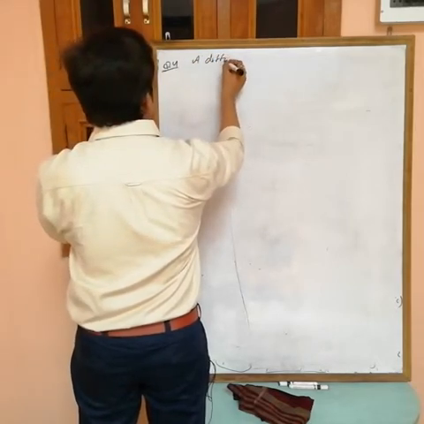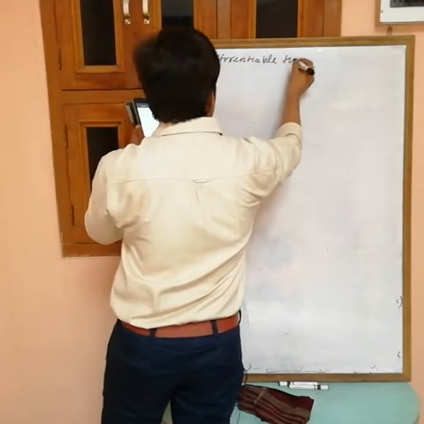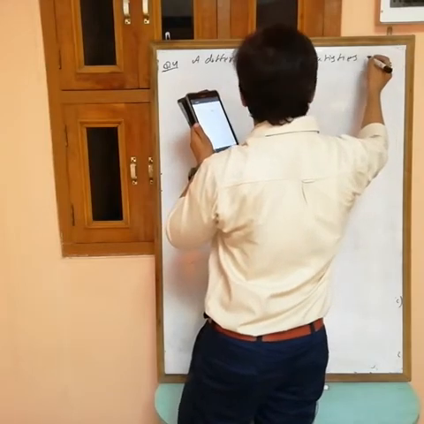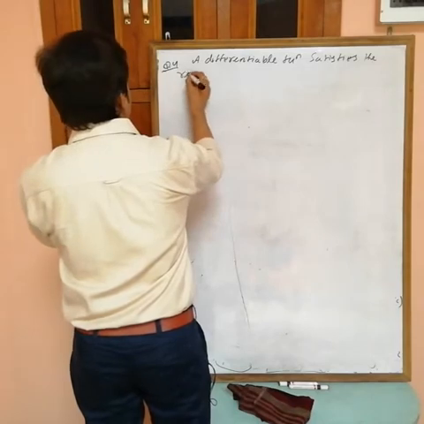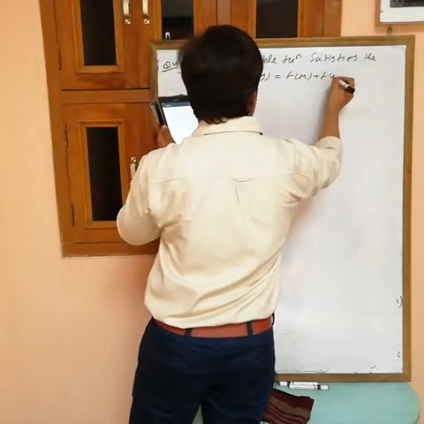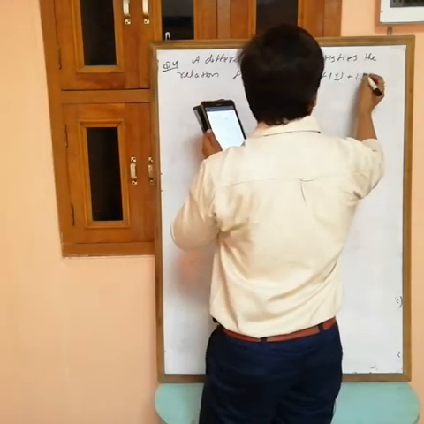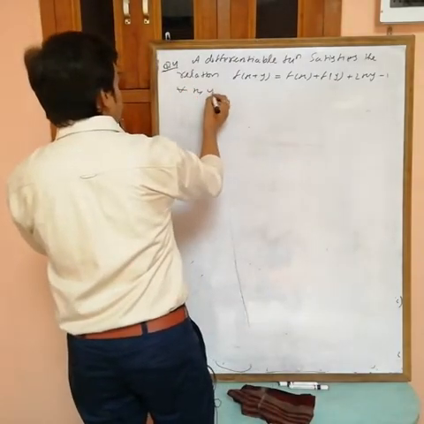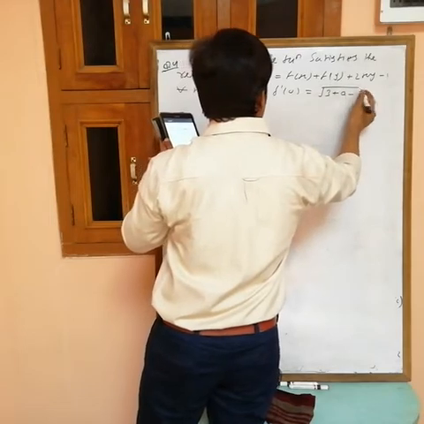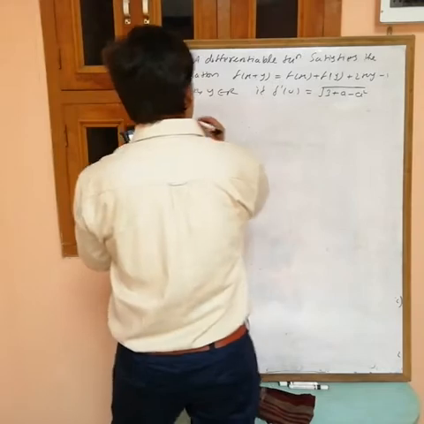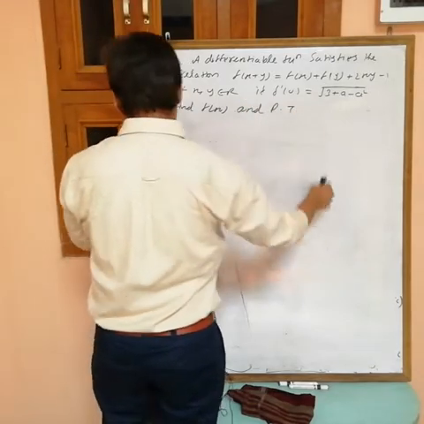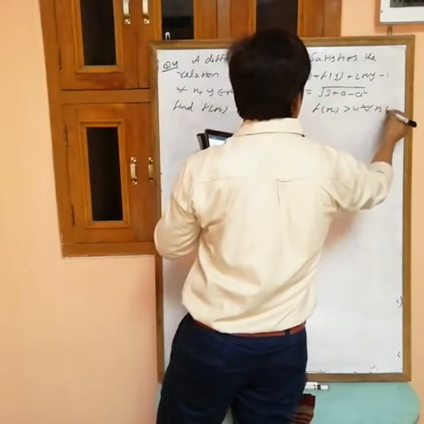A differentiable function satisfies the relation f(x+y) = f(x) + f(y) + 2xy - 1 for all x, y belonging to R. If f'(0) equals 3 + a - a², find f(x) and prove that f(x) is greater than 0 for all x belonging to R.